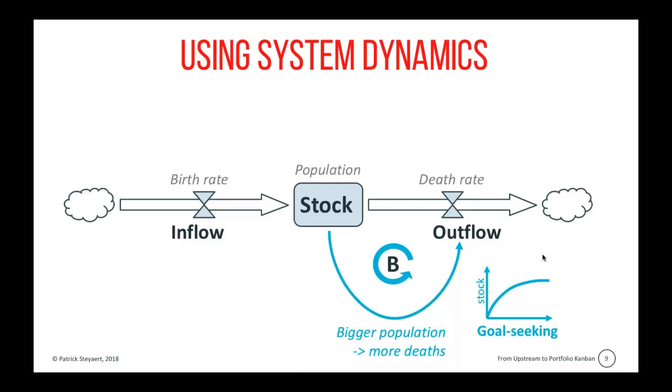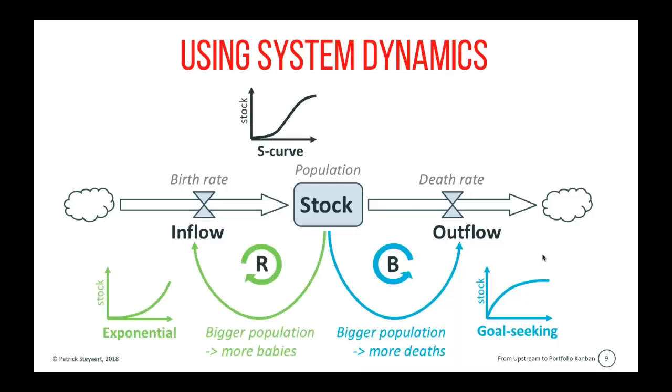So if we combine the reinforcing and the balancing loop, we get an S-curve. The population exhibits an S-curve. Initially the exponential behavior dominates, but after a while the balancing loop will start dominating, and the curve will start flattening out. So that's the standard behavior of a system that most people are familiar with.